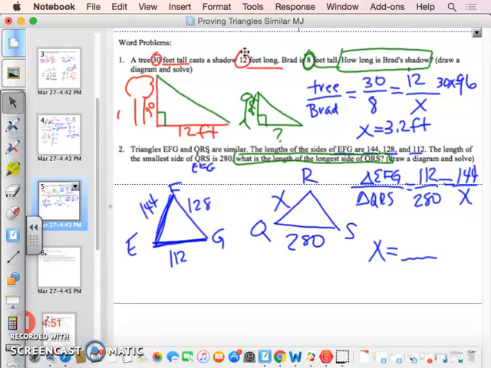And lastly, I showed my work. I set up my proportions and showed exactly how I got my answer. The last thing you're going to do is make a conclusion statement, which I did not include. A good conclusion statement for problem number 1 would be Brad's shadow is 3.2 feet. For the second, whatever you got x to equal would be your conclusion statement.